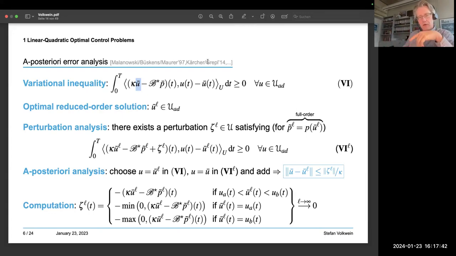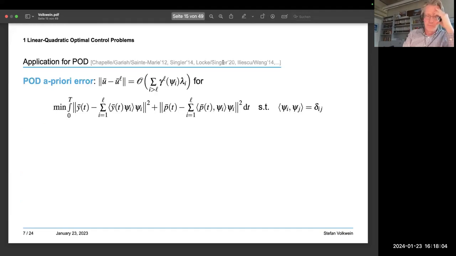You can look at the work of Kercher and Greppel, where you can also find ideas to avoid this finite element computation and work more on the a posteriori error estimation from the state and adjoint equation, also for the active and inactive sets. But I keep it like we have it here and go further.